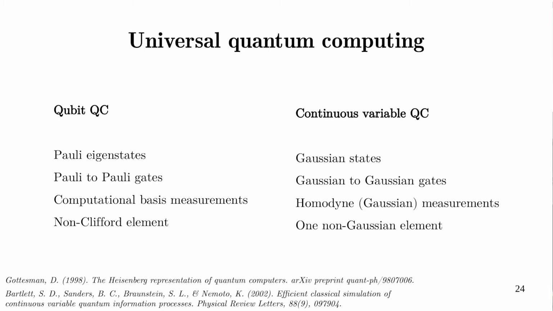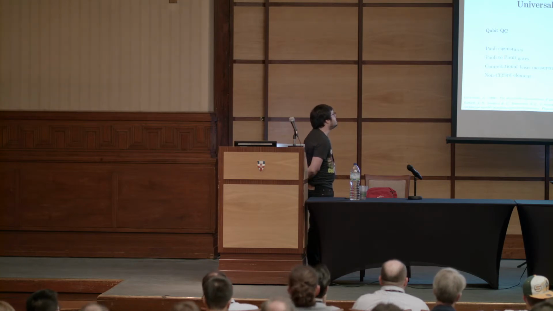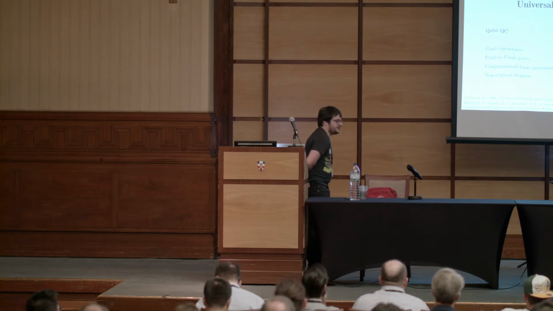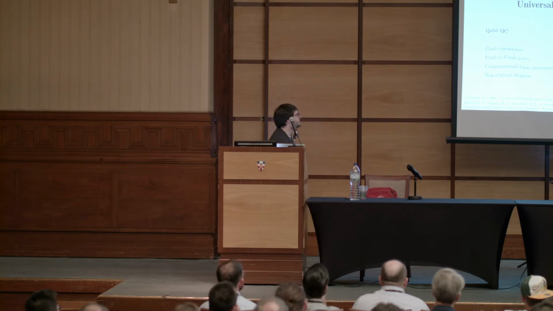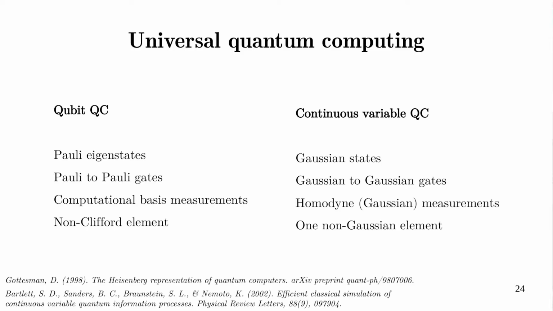We have the Gottesman-Kitaev theorem. It's telling us that if we start with Pauli eigenstates, Pauli and Clifford gates, and computational basis measurements, and we add just a single non-Clifford element on top of this, then we have universal quantum computing.